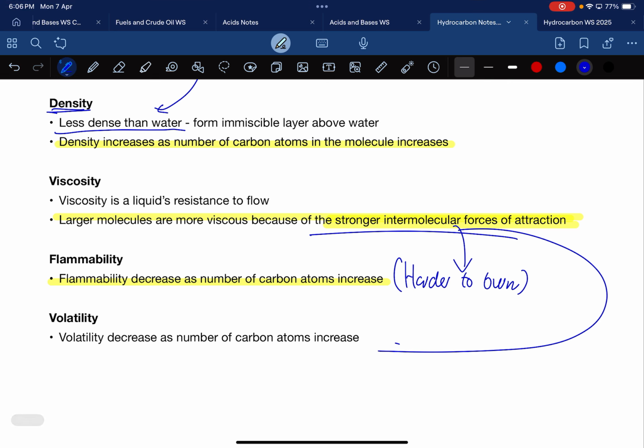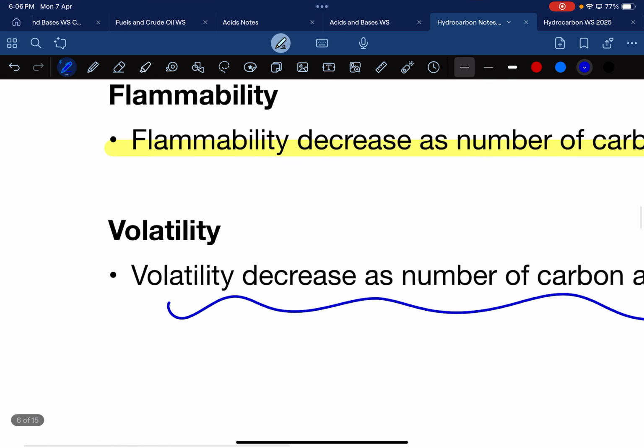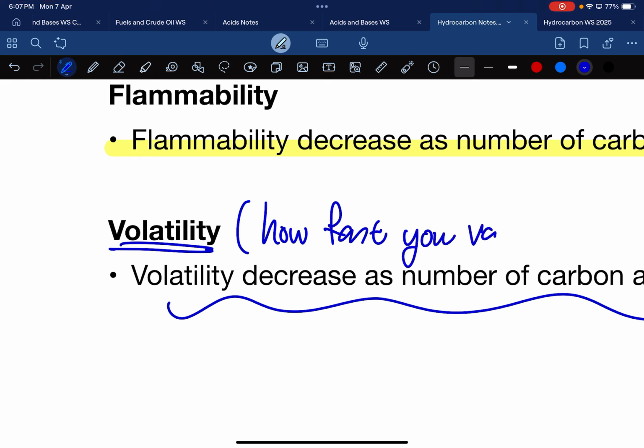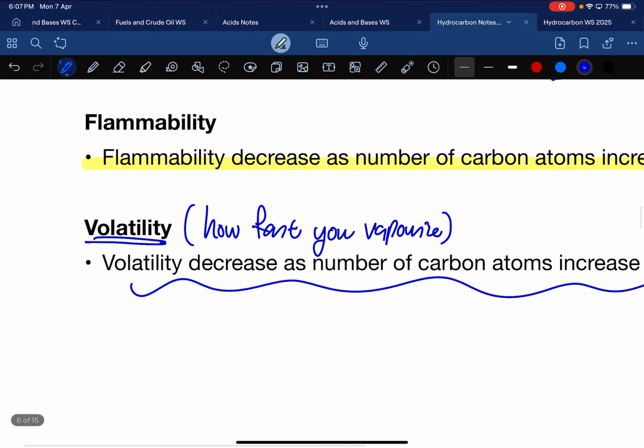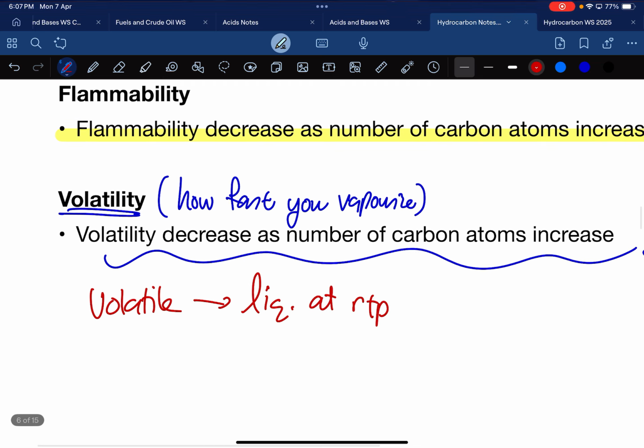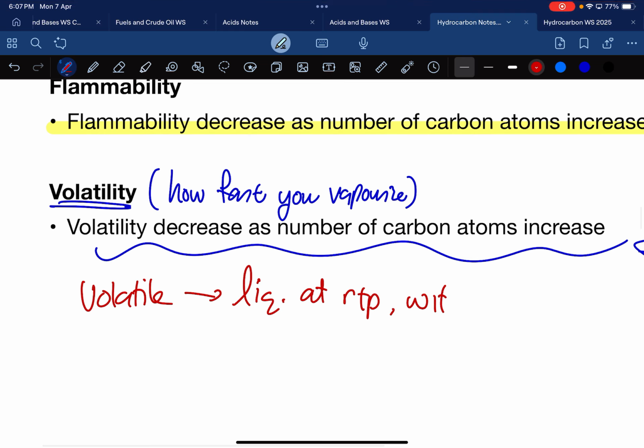Okay, and IMFOA also links to volatility. What's that? Volatility is about how fast you vaporize or evaporate. So to say something is volatile, the term volatile means what? Liquid at RTP, liquid at room temperature and pressure, with a low boiling point.